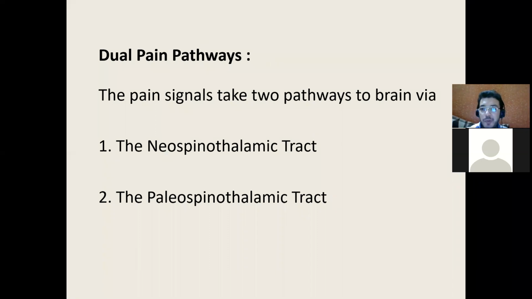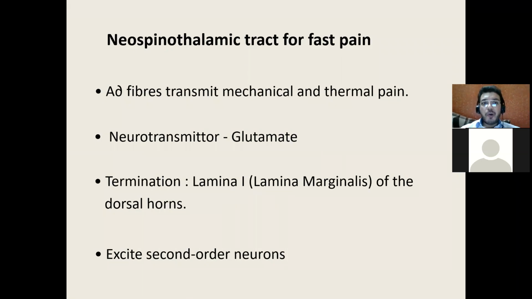Now we come to the most important, the dual pain pathways. The pain signals take two pathways traveling to the brain. One is called the neospinothalamic tract. The other one is called the paleospinothalamic tract. Now, the neospinothalamic tract is basically for fast pain.